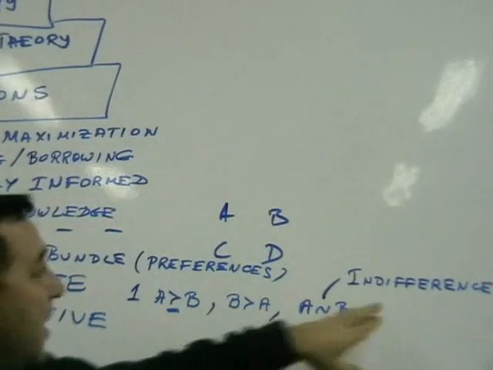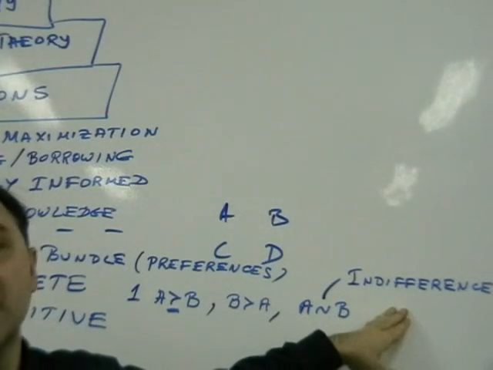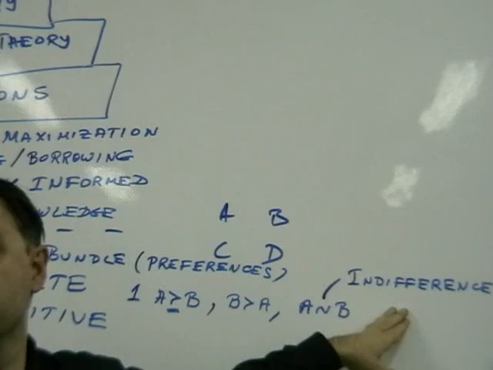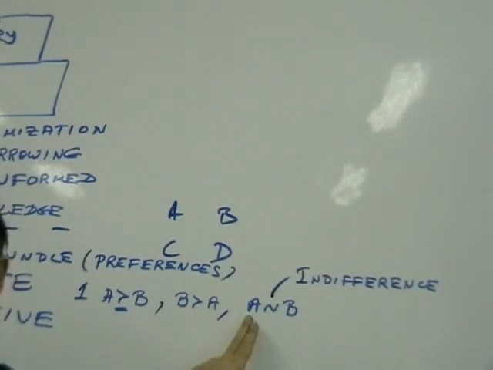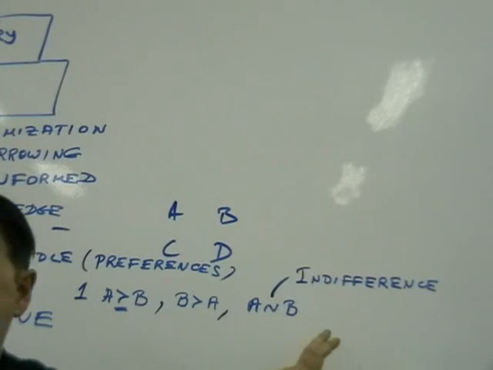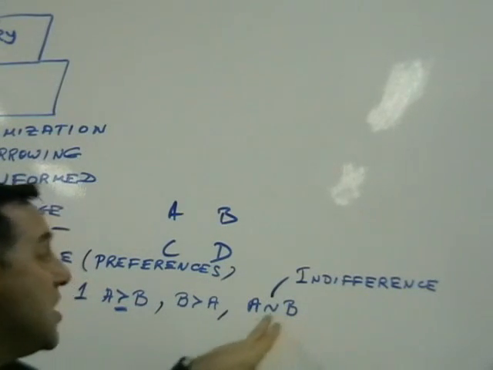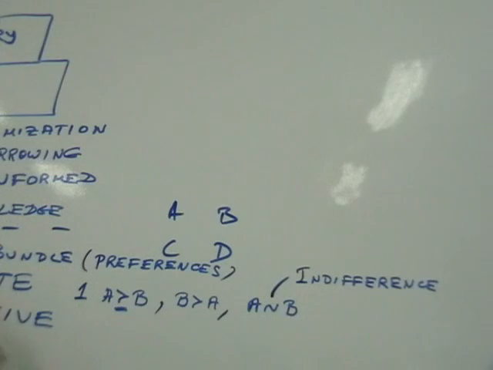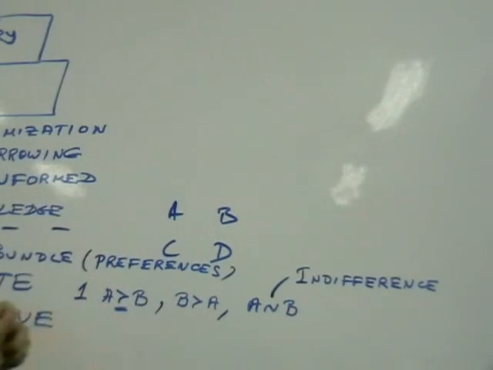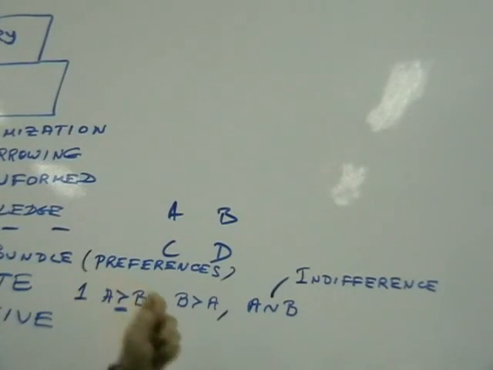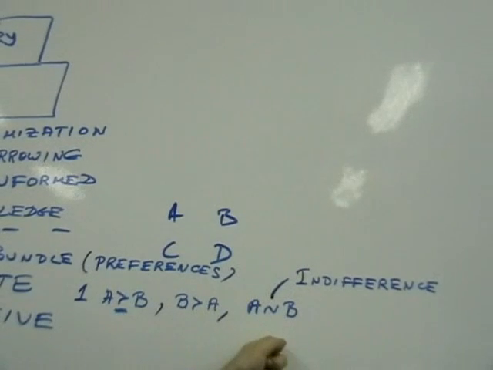That's just a definition: a consumer is indifferent between A and B when he neither prefers A over B nor prefers B over A. So complete means for any two, whichever you choose, he can say it's either A is preferred over B, or B is preferred over A, or I'm indifferent.